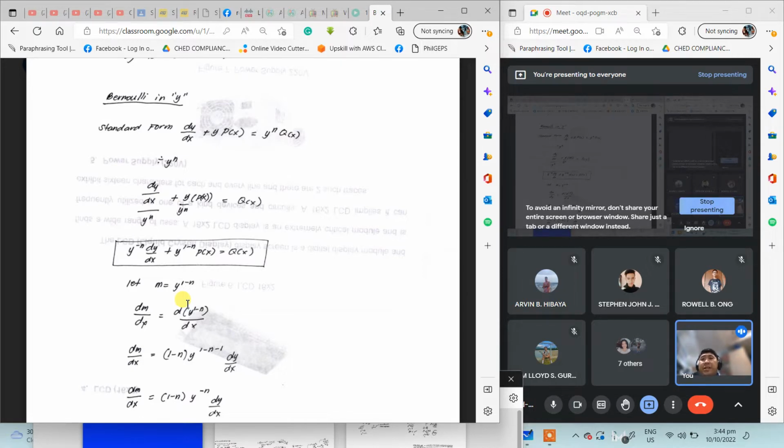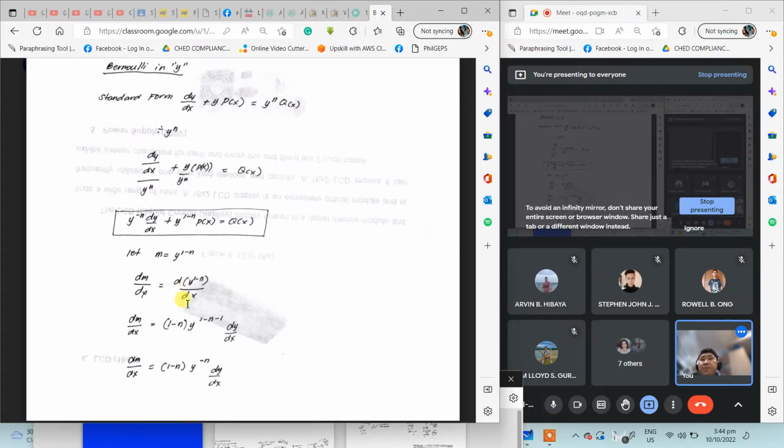And this one, y over y raised to the power of n, is obviously y raised to the power of 1 divided, meaning that it is minus the power of the one in the denominator. And then the rest. After that, the term beside your p of x, or your function of p, whether it's linear, Bernoulli in x or Bernoulli in y, will be your m.